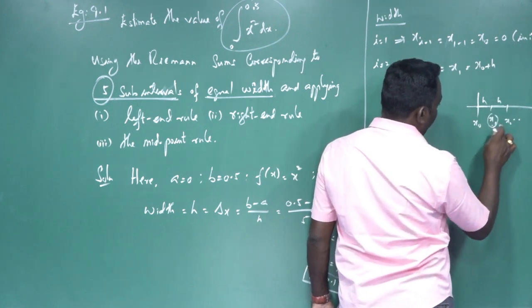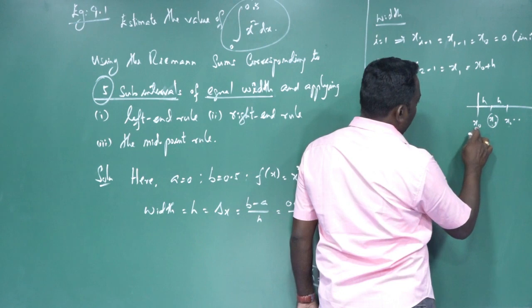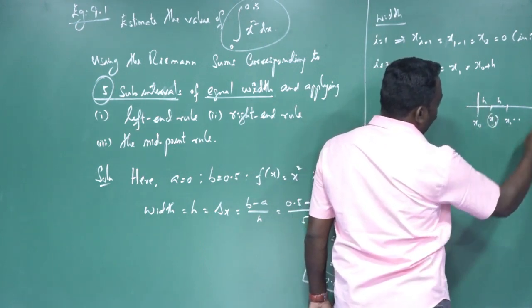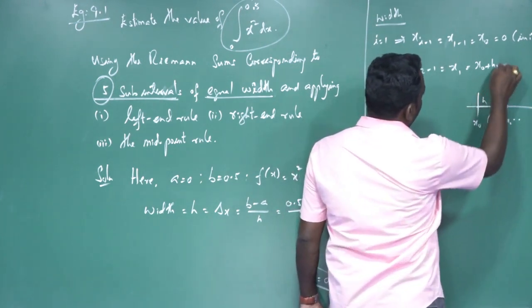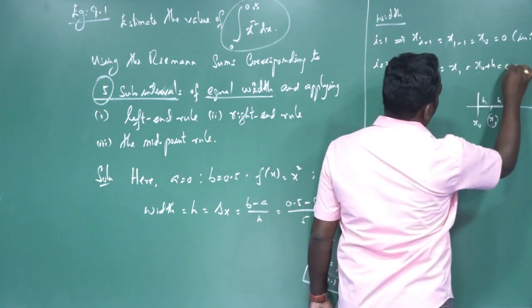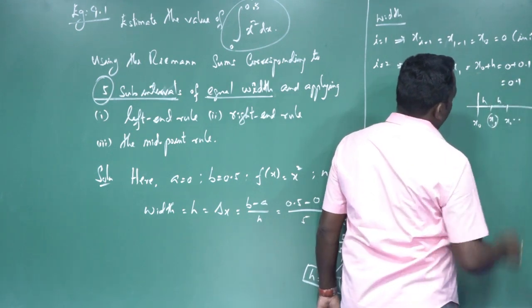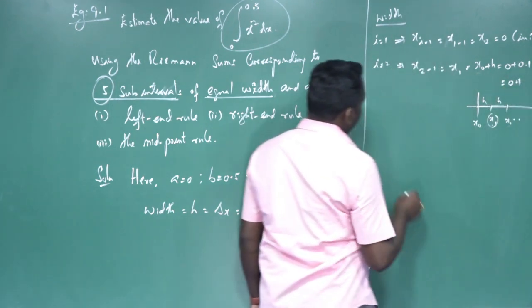Therefore, x_2 equal to x_1 plus h, and x_1 equal to x_0 plus h, and so on. Therefore, x_0 plus h is called x_1; x_0 equal to 0, h equal to 0.1, so that is equal to 0.1, called x_1.